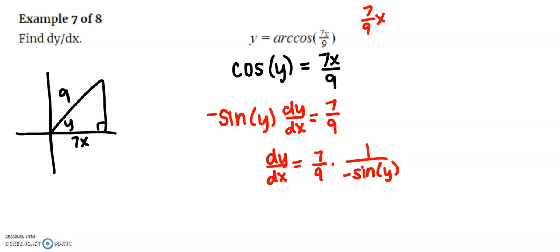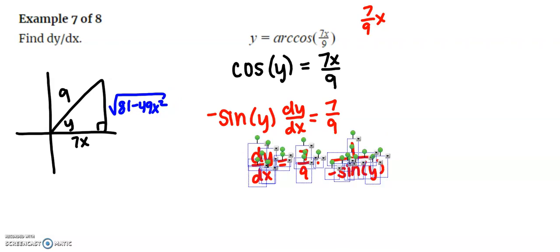Okay, well, to find the sine of y, I need this missing side over here. This is going to be the square root of 81 minus 49x squared. Check my Pythagorean theorem if you don't believe me, but it's true. So this sine, oh no, that's not what I wanted.